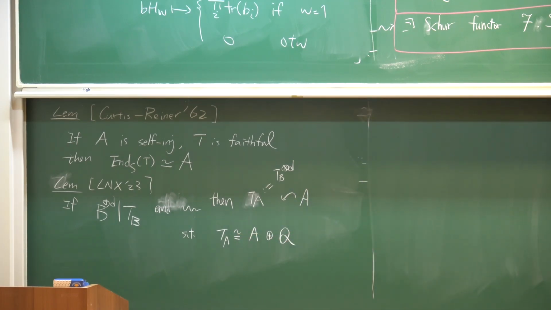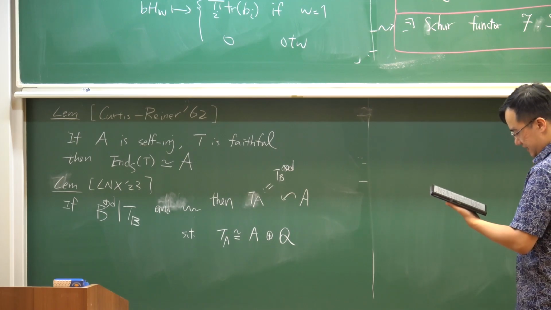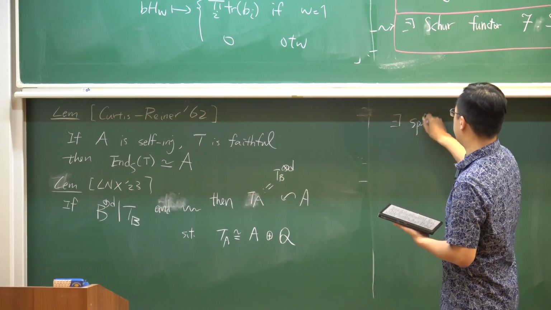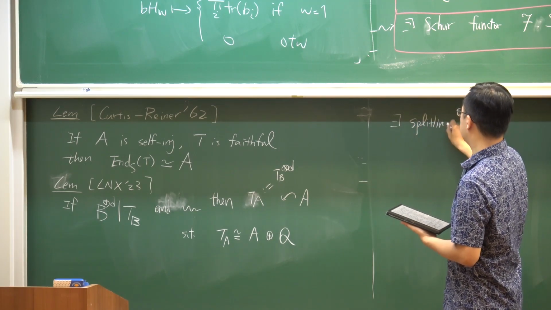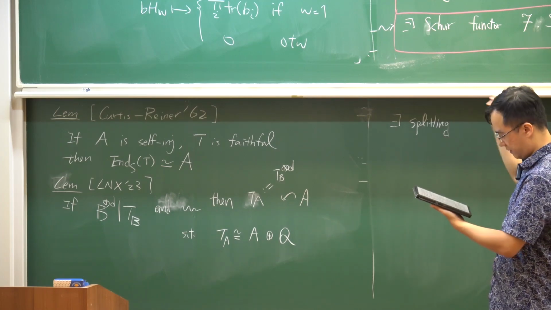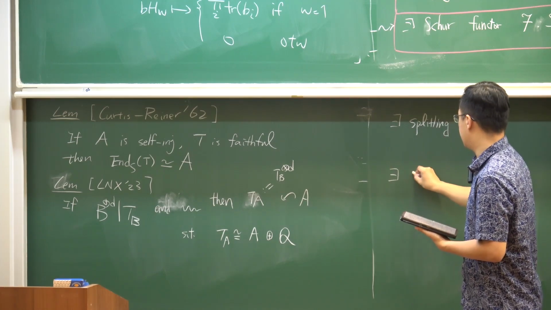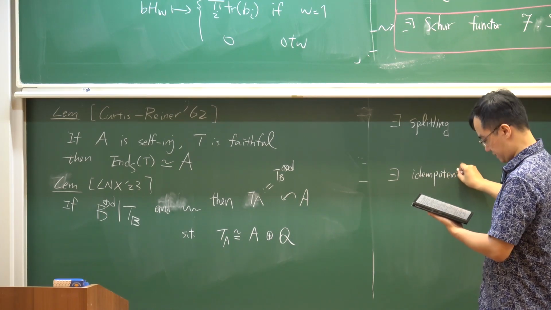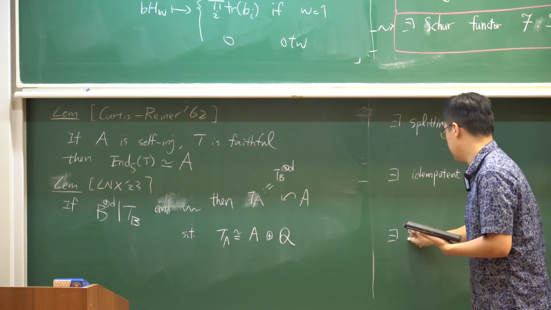So to patch up everything, this is the idea. As I said, the three levels of Schur duality are: there's a splitting, there's an idempotent, and also there's the Schur functor.